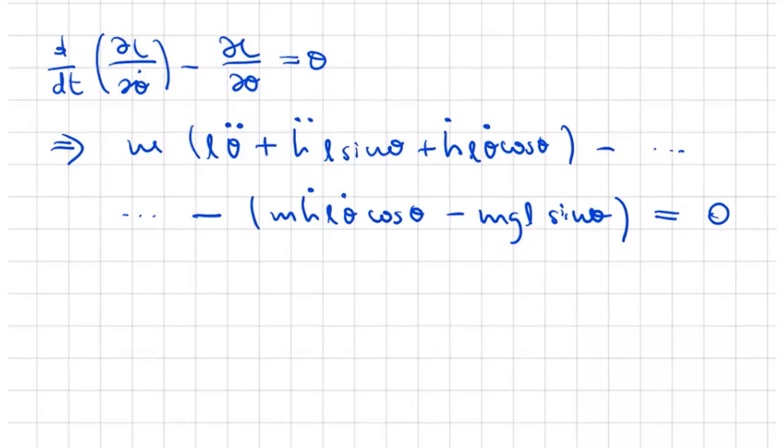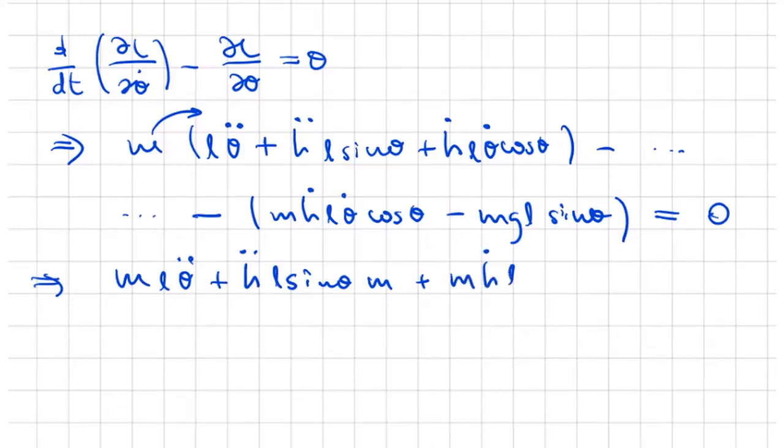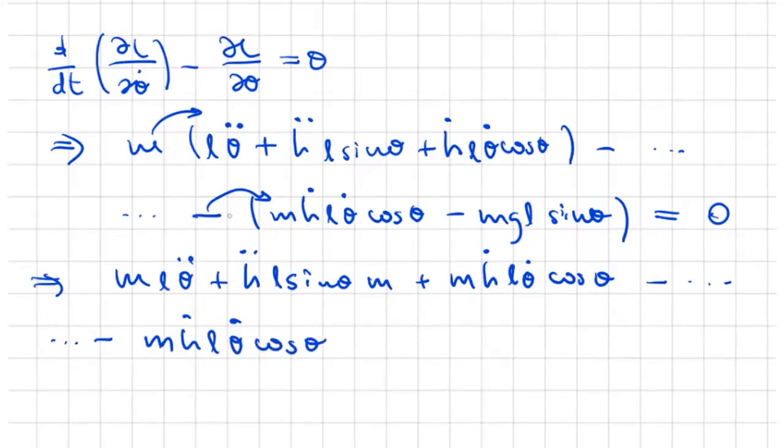I will distribute this m into all those terms, so I will have m L θ double dot plus h double dot L sine of theta m plus m h dot L theta dot cosine of theta minus, okay, minus this term m h dot L theta dot cosine of theta, and minus with minus is plus m g l sine of theta equals 0.